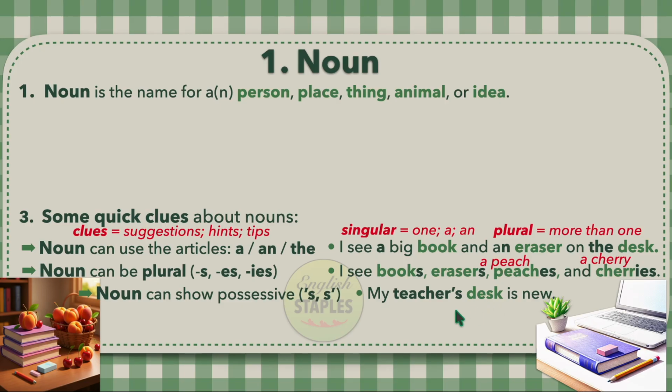The desk belongs to her. Plural would be the teachers' desks are old, with the apostrophe on the outside. What this is really saying is the desk of the teacher or the desks of the teachers.